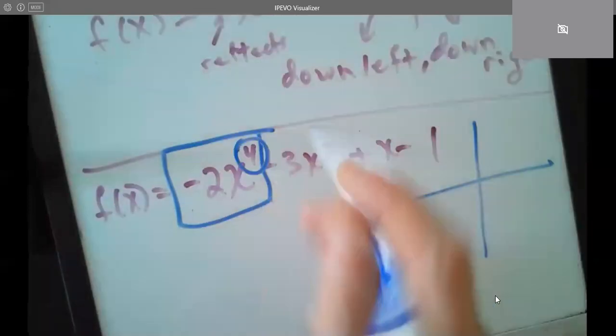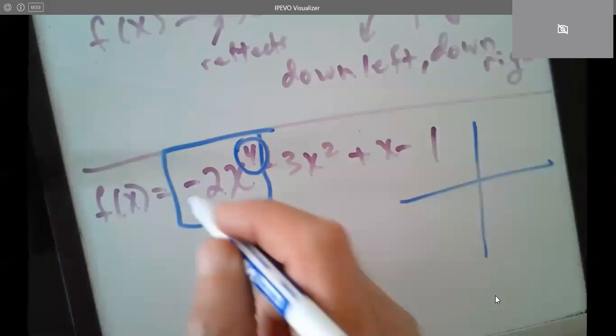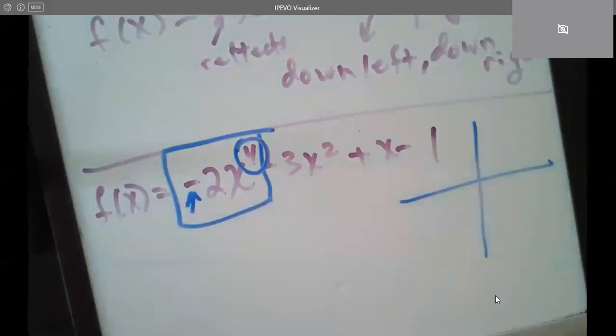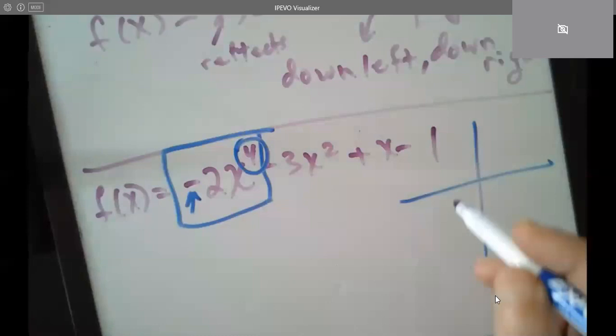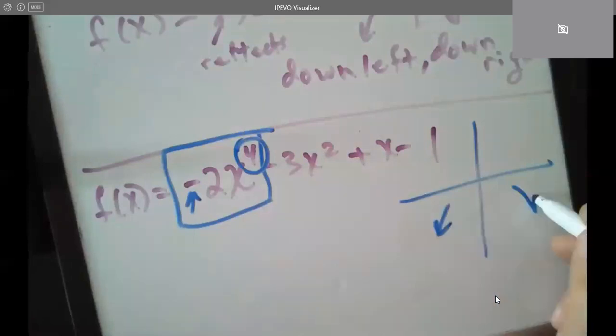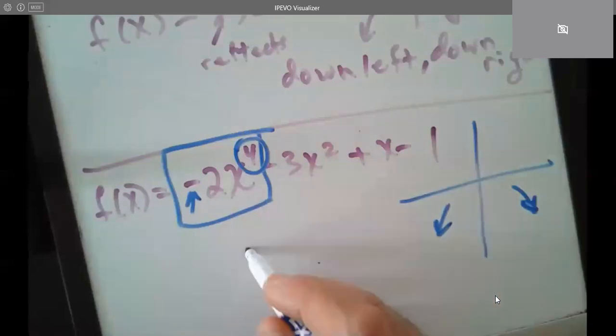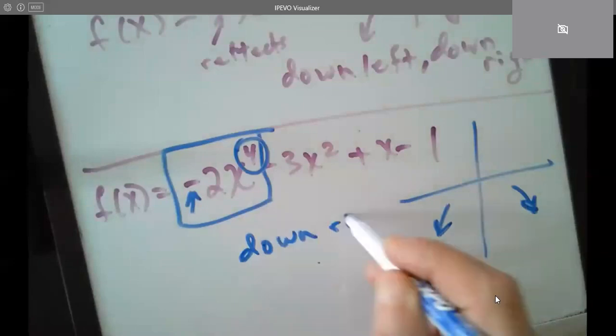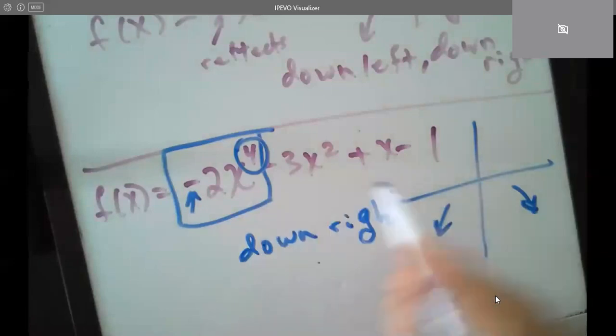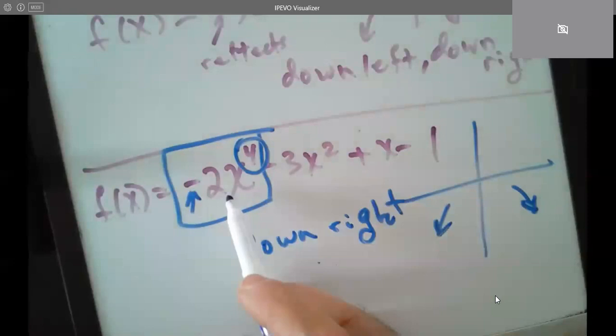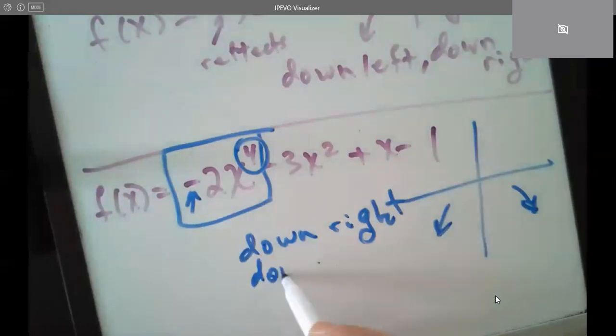So it's even and it's negative. So our end behavior is going to be what? Yeah, down, right, down, left. You look at the first one, it's the only one that's going to tell you what the end behavior is. Okay, down, right, down, left.